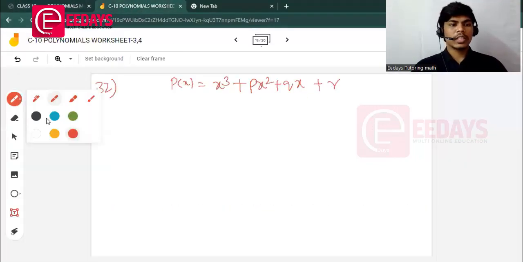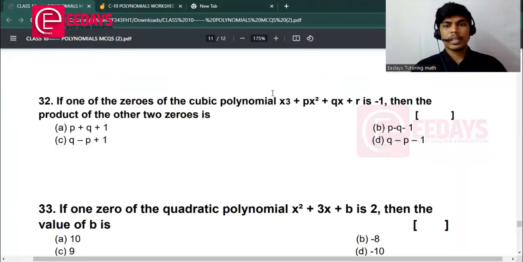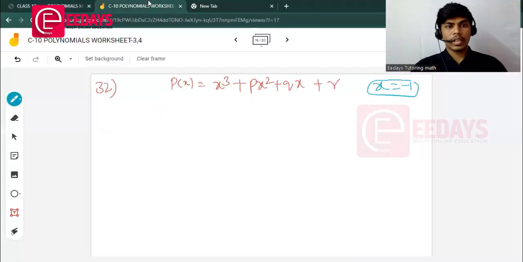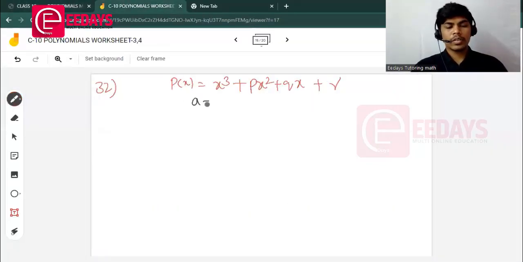Let us compare with the general form. So here a is equal to 1, b is equal to p, c is equal to q, d is equal to r.